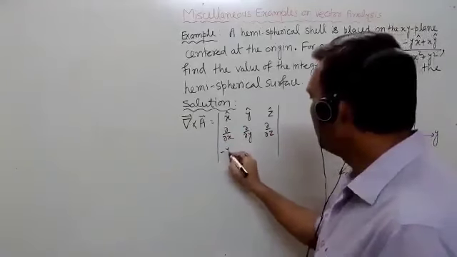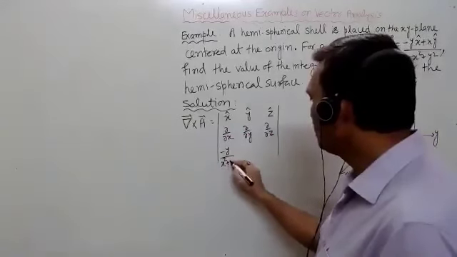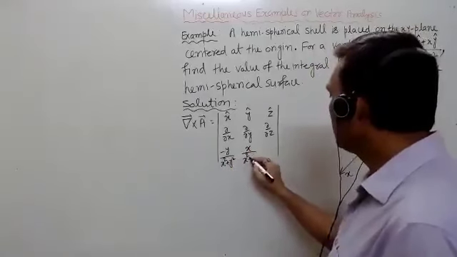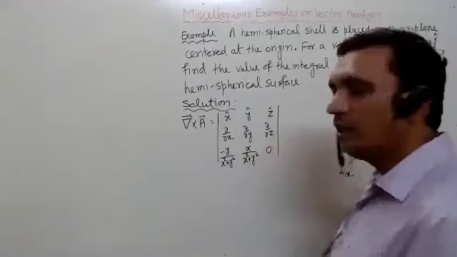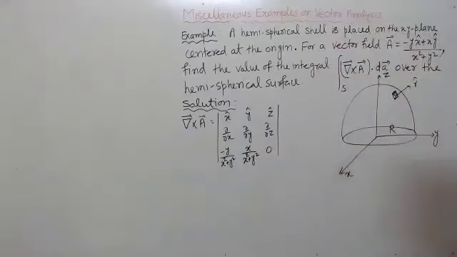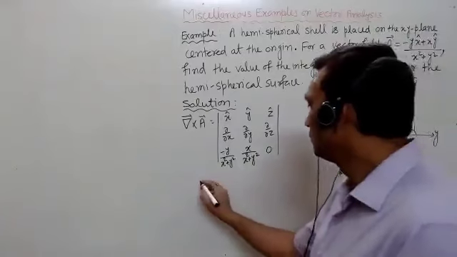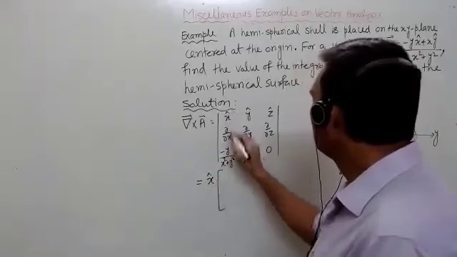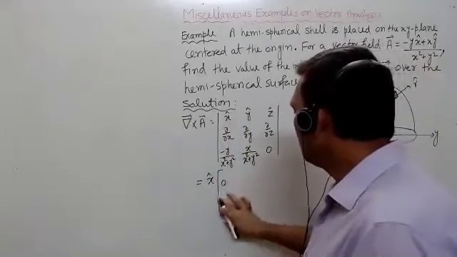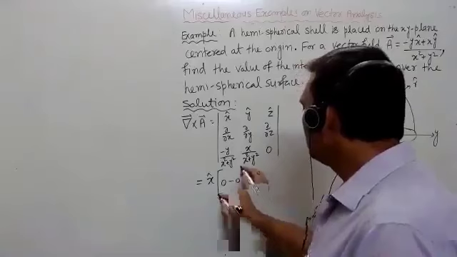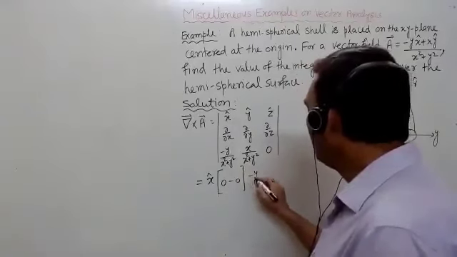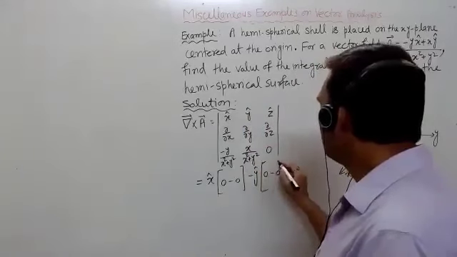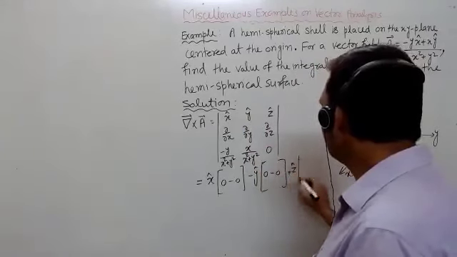So this will be minus y by x square plus y square, this is x by x square plus y square, and this will be 0. So x cap will be 0 minus 0. And what will be y cap? Again 0 minus 0. And what will be z cap term?